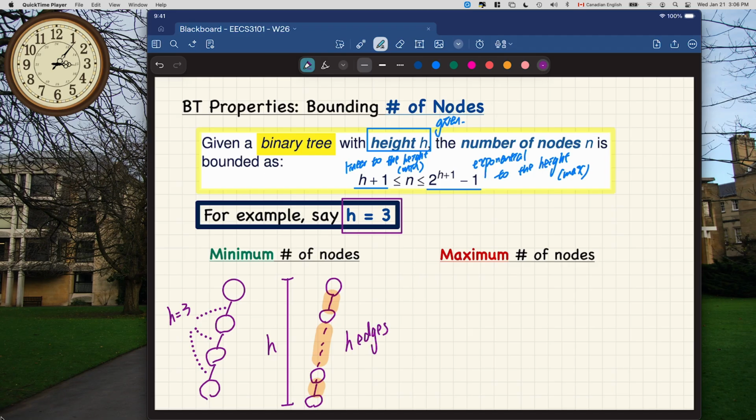For example, if you got one edge, that means you got 2 nodes. If you got 2 edges, you got 3 nodes. So the number of nodes is exactly 1 more than the number of edges. So that means you got h plus 1 nodes. So that's the h plus 1 you saw as a minimum in general.